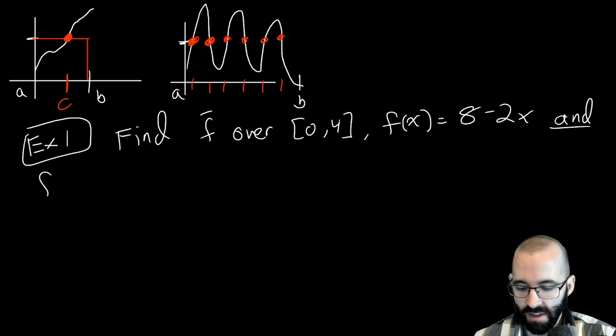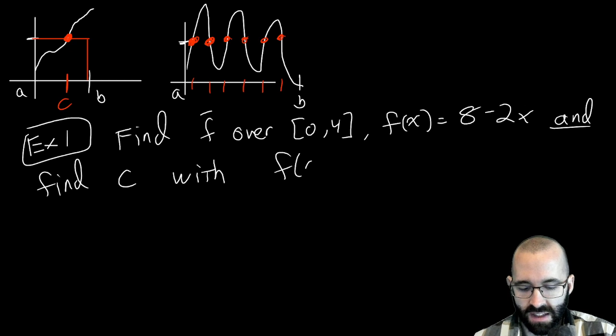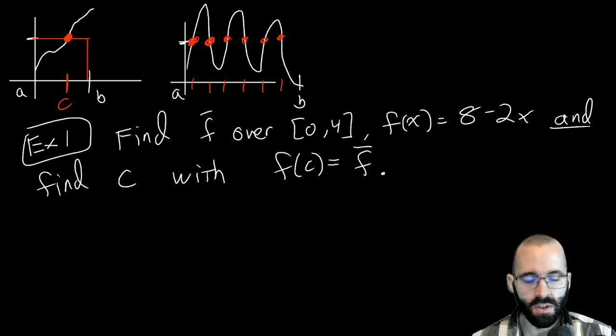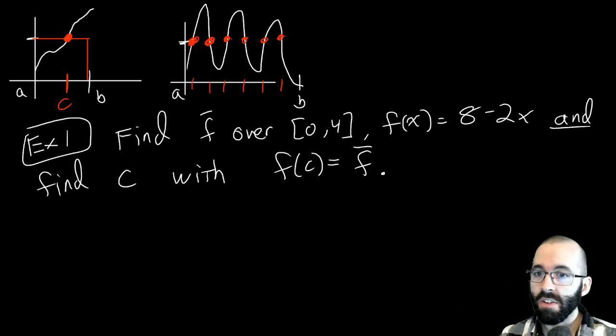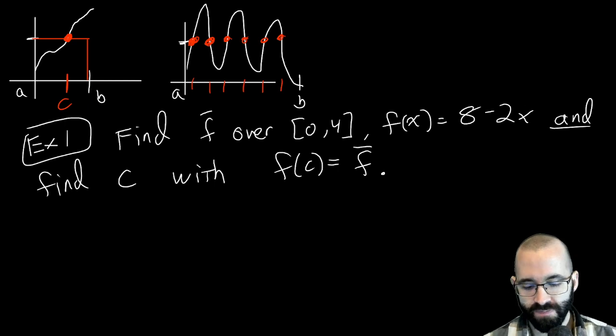Find a c with f of c equaling that average value. So we're going to find the average value, and then we know by the mean value theorem for integrals that if we have a continuous function, there's at least one place where that average value is achieved with the function.